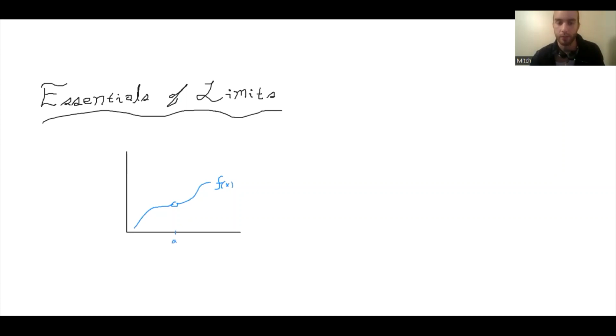So we're really interested in what is the limit of x approaching a, so a specific input a, of this function f of x. And the whole idea with this limit is it's what's happening around that point a. It's what's happening really close to a.